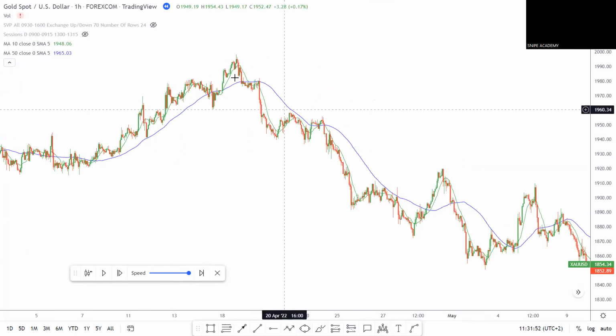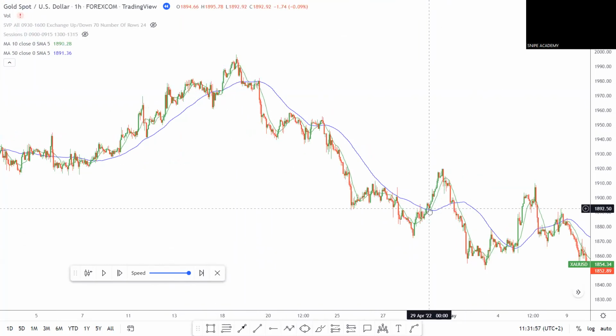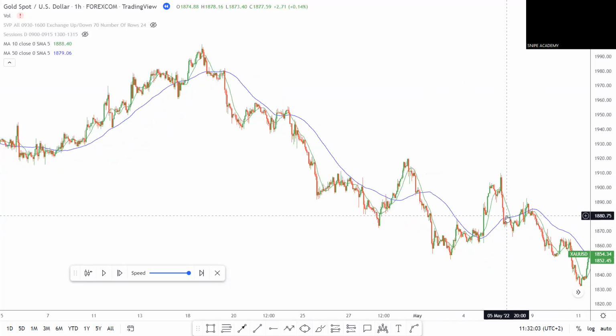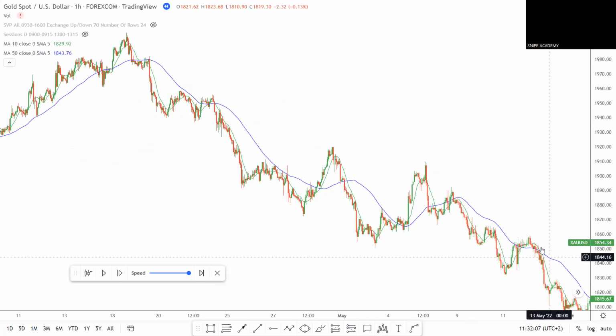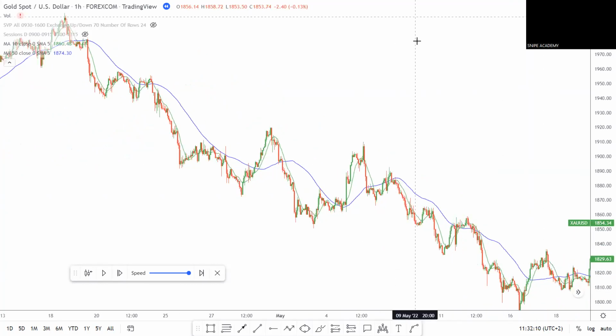So for example, if people are trading the moving average cross, they would be buying here, stopped out here, selling here, most likely stopped out here, selling here, stopped out here, buying here, stopped out here. So you can get very good trades, but I do not like using these tools at all.